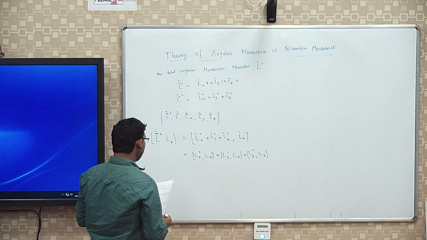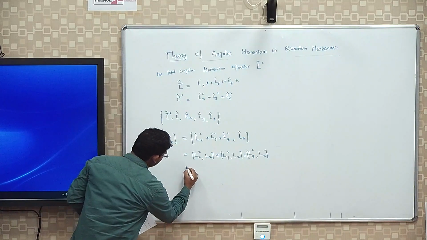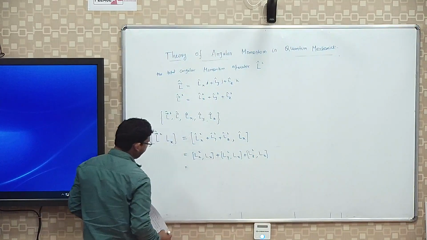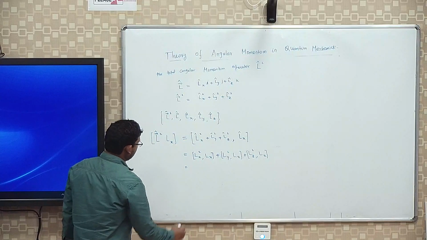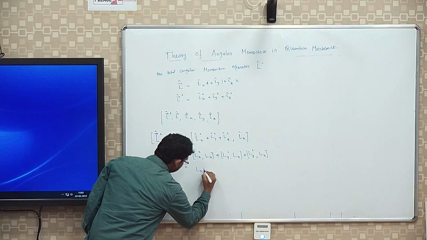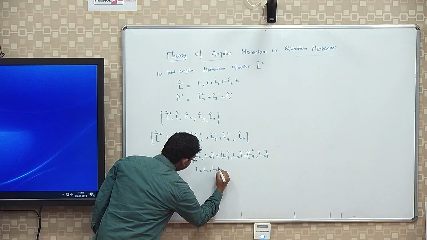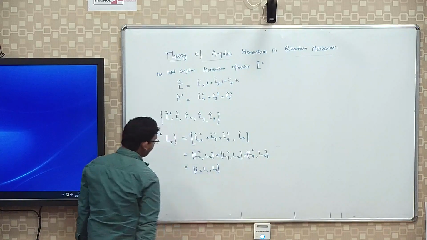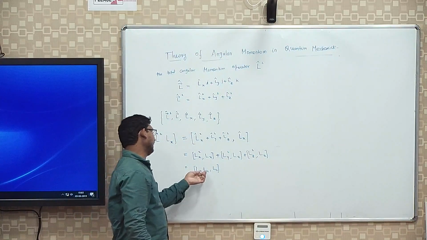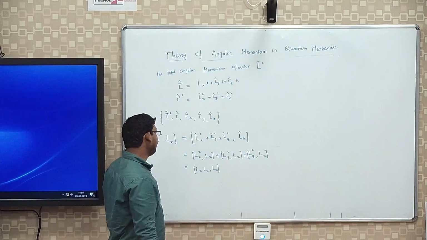So certainly we can write for this particular expression Lx squared, comma Lx. So it is a self commutation. Lx commute with Lx will be 0.